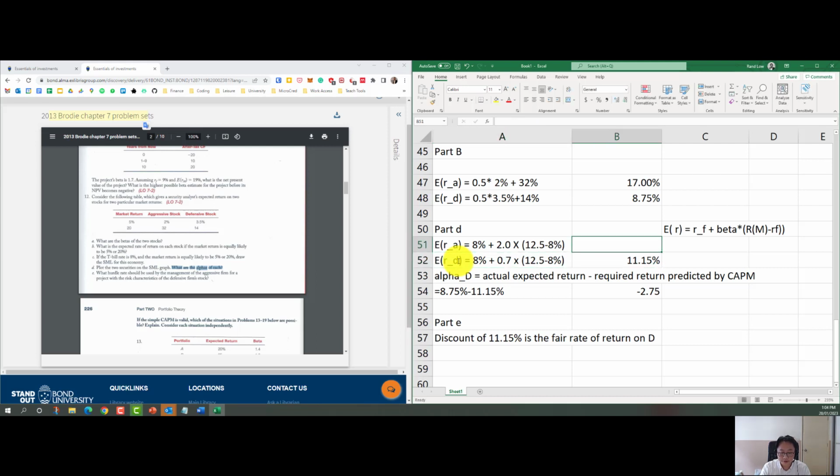This would be 0.08 plus 2 times 0.125 minus 0.08, and that gives 17%. Therefore, the hurdle rate that the company should be using should be the defensive stock's rate of return of 11.15.